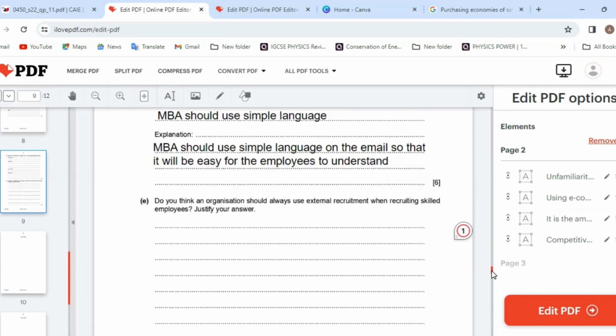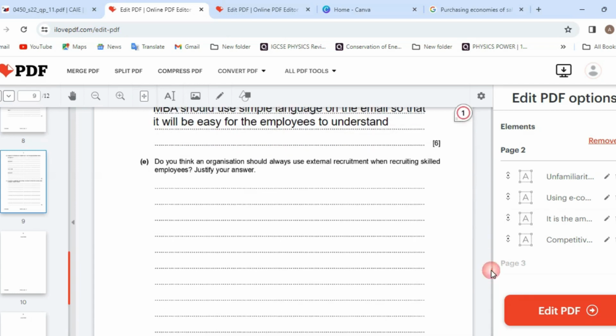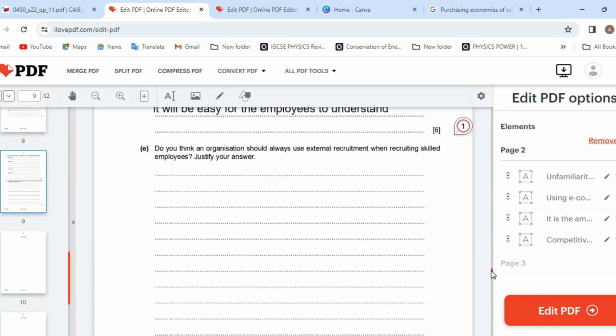Question 4E says, do you think an organization should always use external recruitment when recruiting skilled employees? Justify your answer. You have to give some points of bringing in external workers and also internal workers before you can justify your answer.